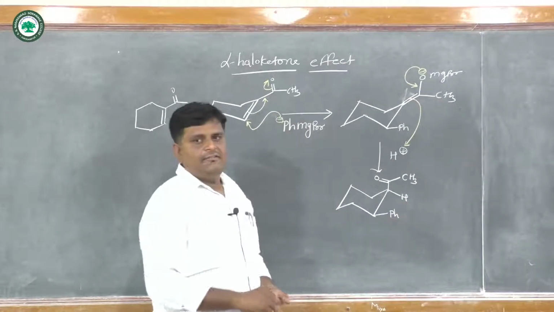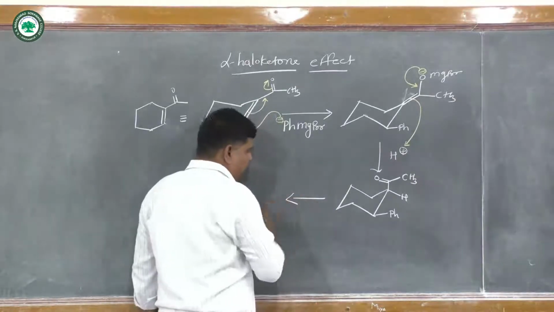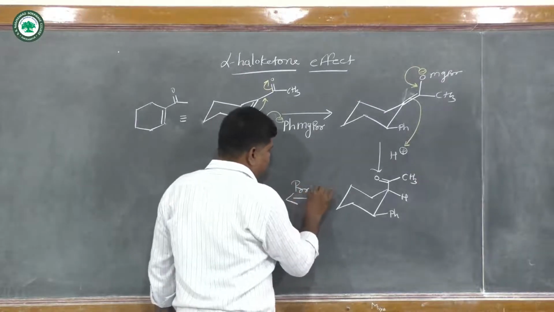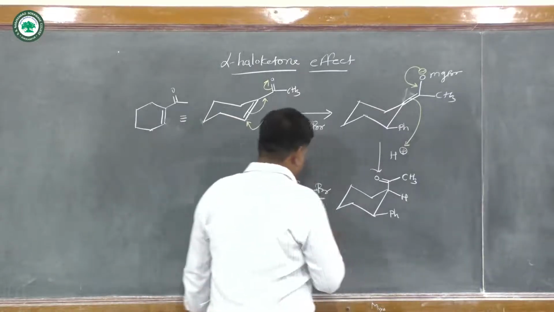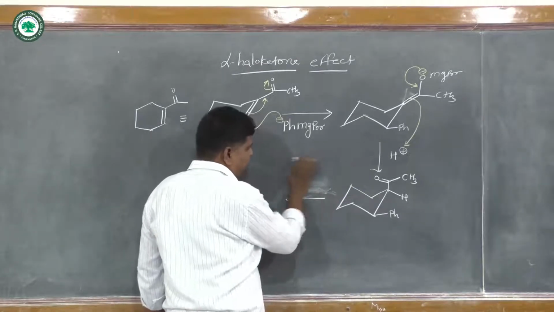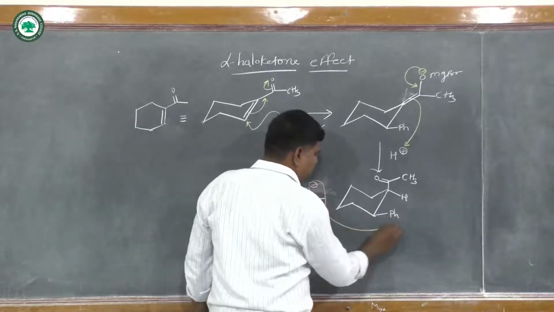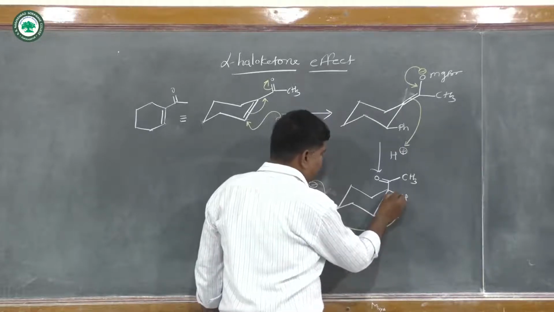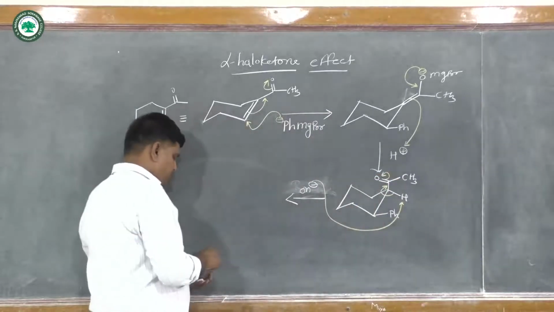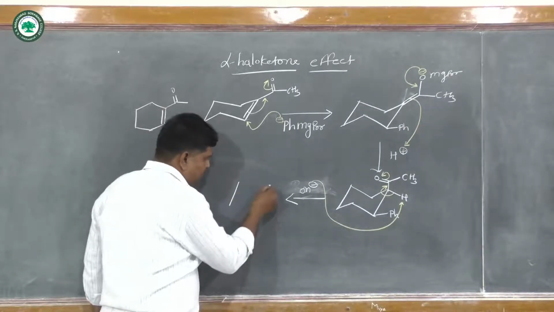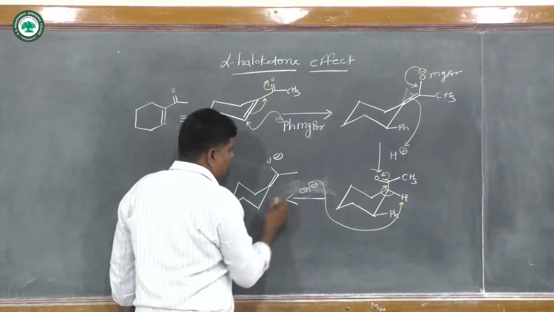If that proton is present at the equatorial position, then next, if bromination is carried out, but before that, suppose we use a base, and that base will first pick up this proton, and there is formation of the enol.